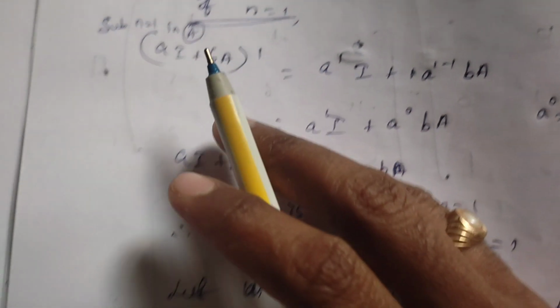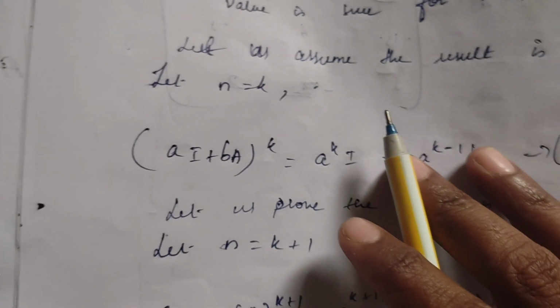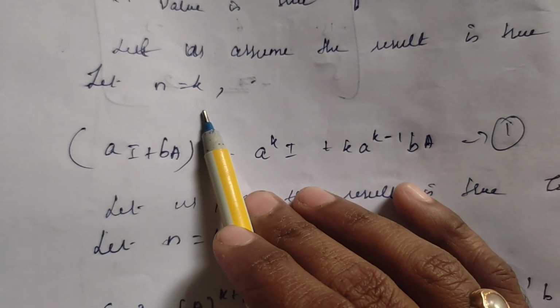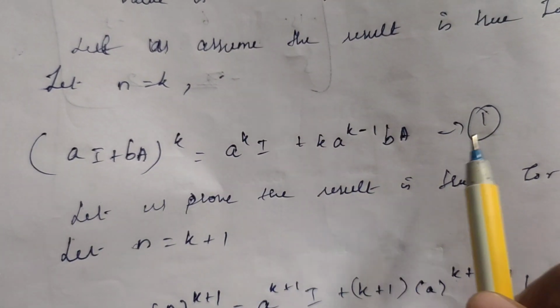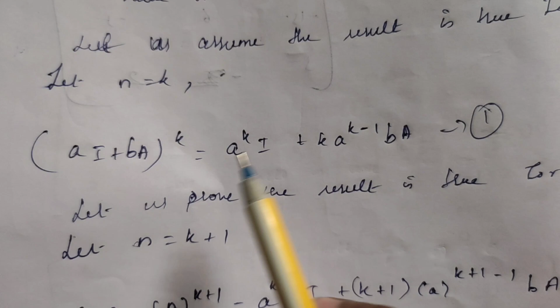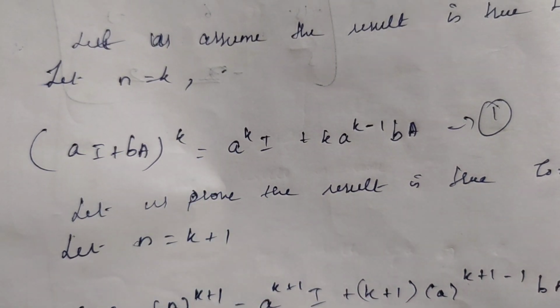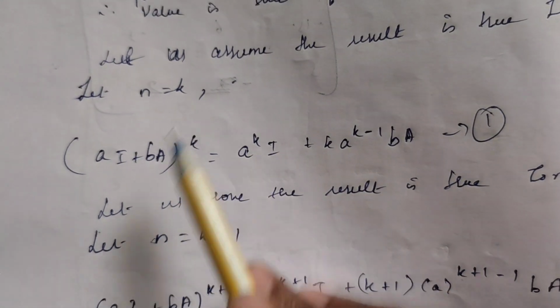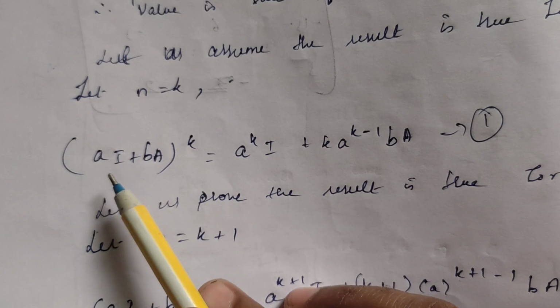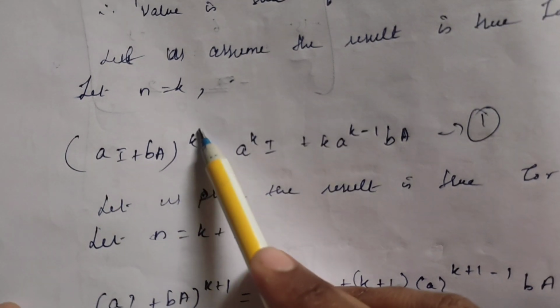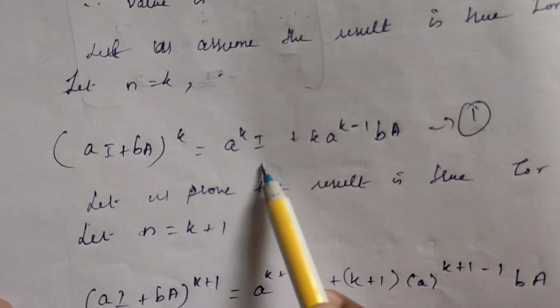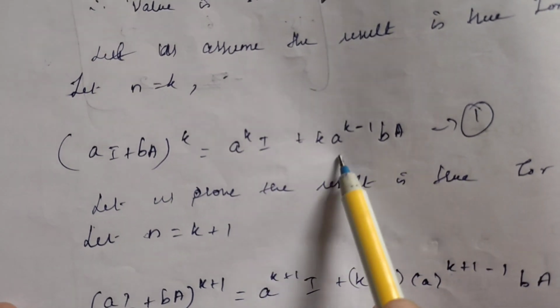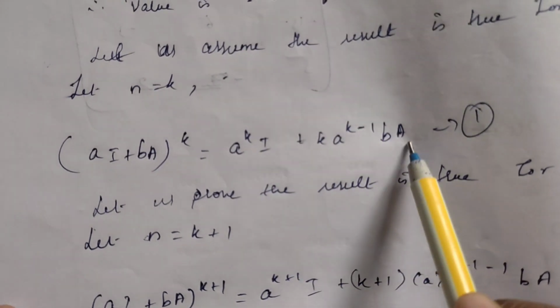The next thing, we have to assume this result is true for n equal to k. Now I have assumed the given result is true for n equal to k, so just substitute n equal to k: (aI + bA)^k is equal to a^k I plus k a^(k-1) bA.